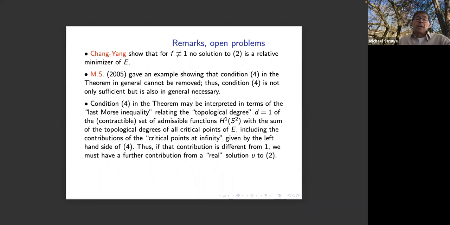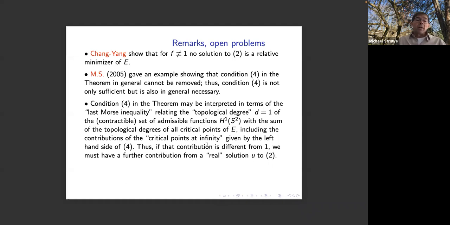So the critical points at infinity, whose index gives the left-hand side of 4, they play the same role as the topologically degenerate solution consisting of a pair of disks in the Douglas theorem.